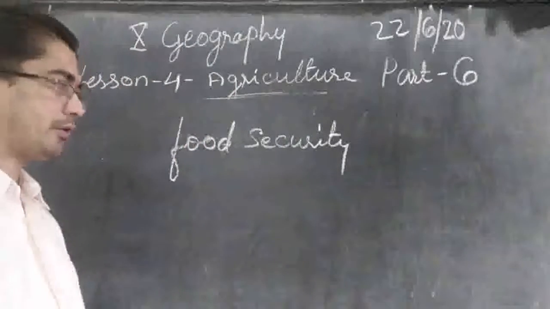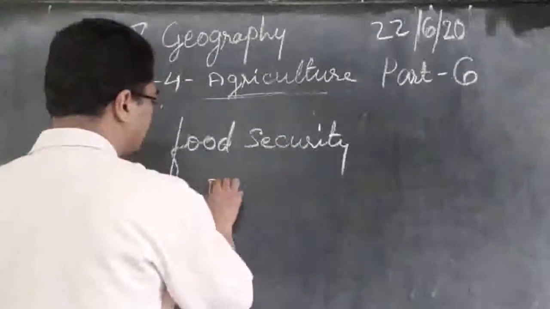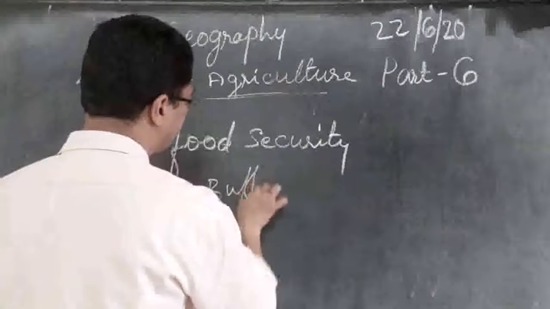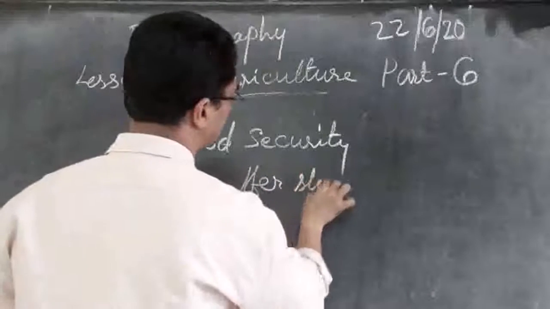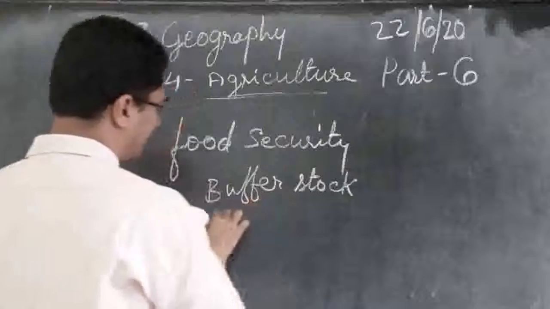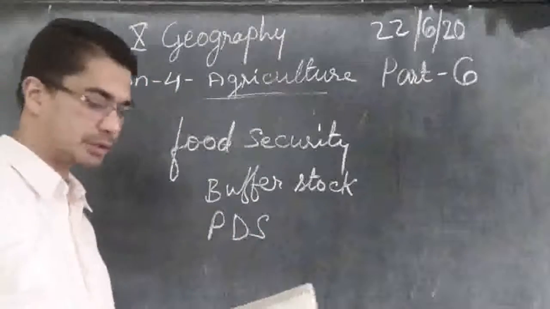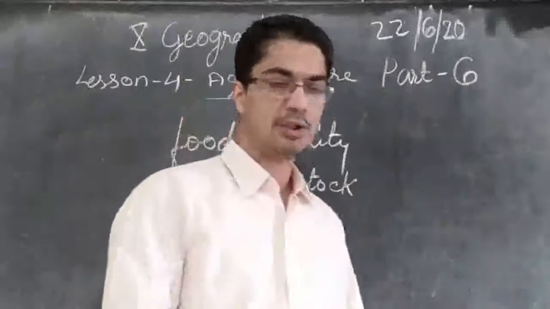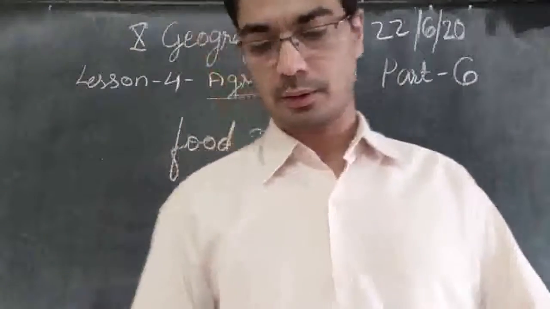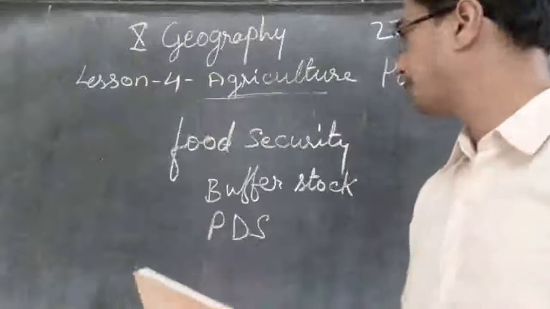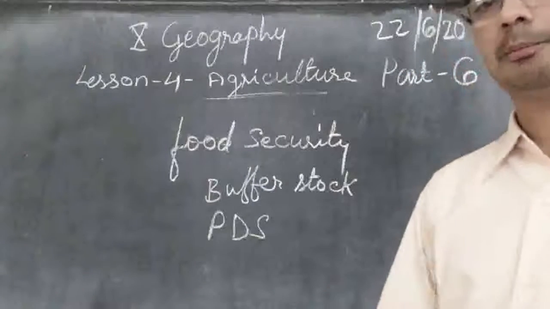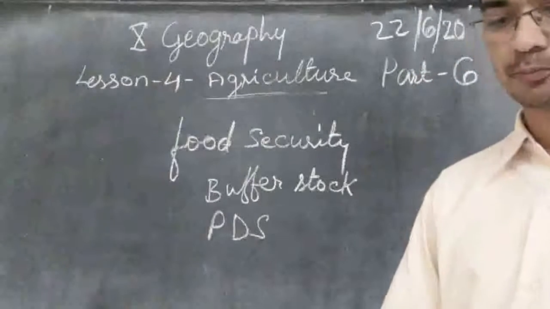One is buffer stock and another one is PDS, public distribution system. Let's see what is this buffer stock and PDS. PDS means public distribution system.